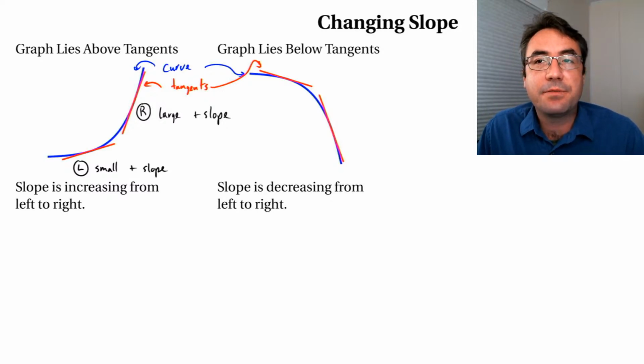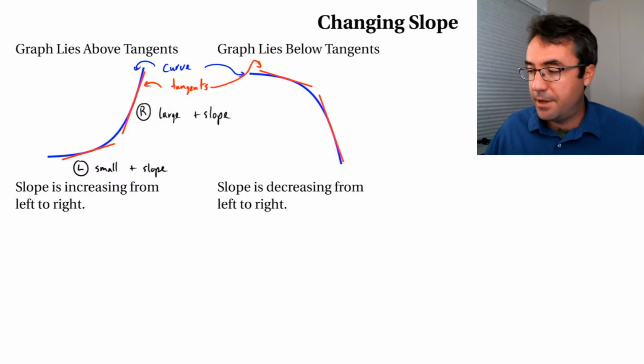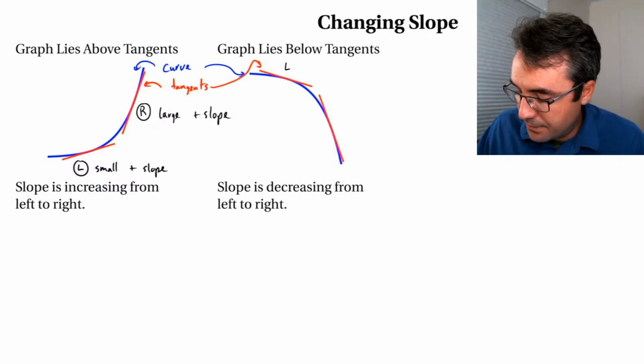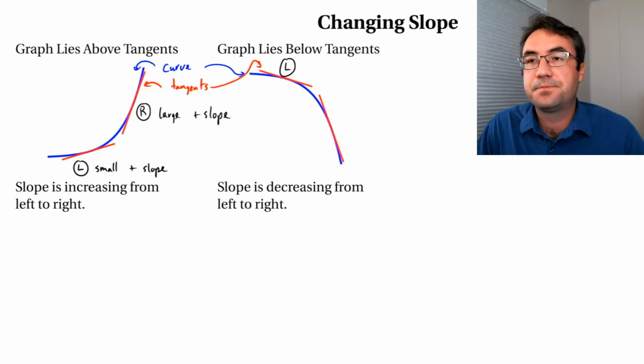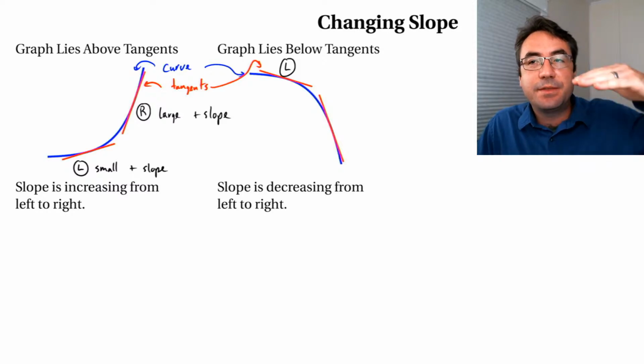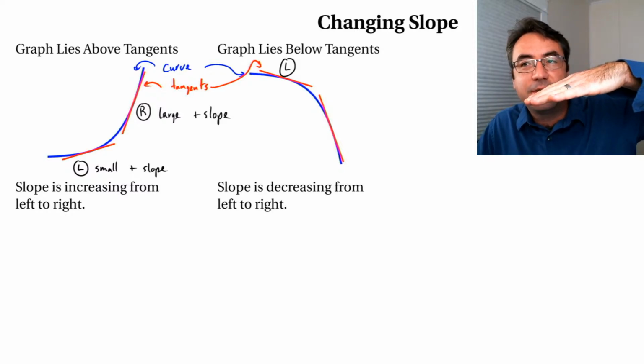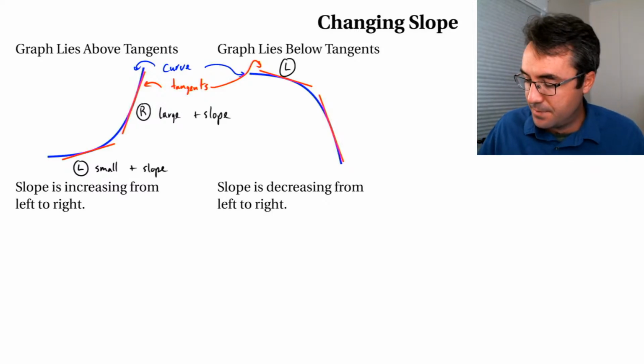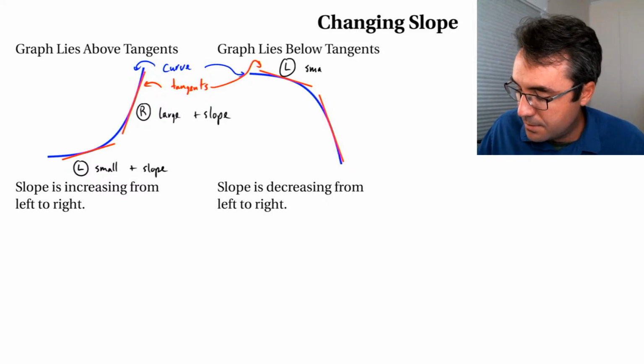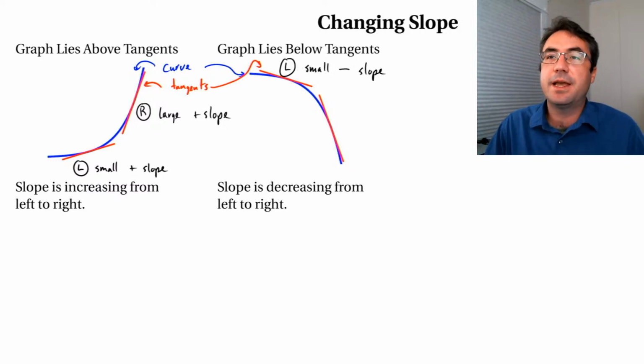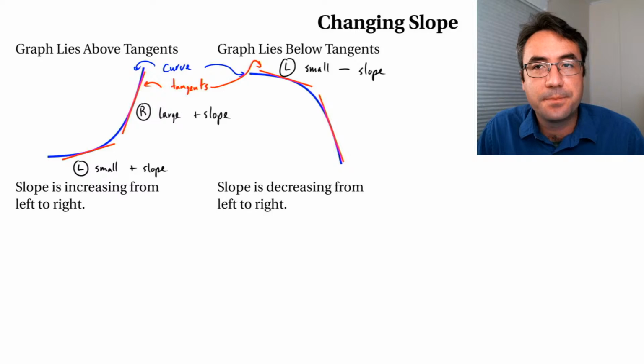Now if we look at the other graph, if we start with the one on the left along the curve, the leftmost tangent line there, we see that the tangent line is kind of subtle, but it's pointing down. So it's going to be small and negative. So we have a small negative slope over there.